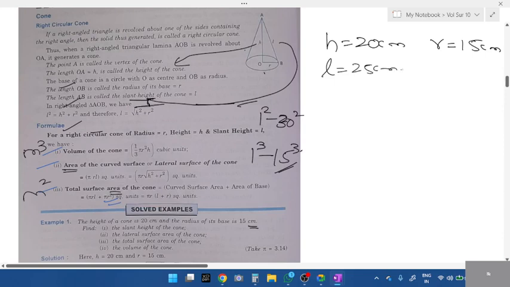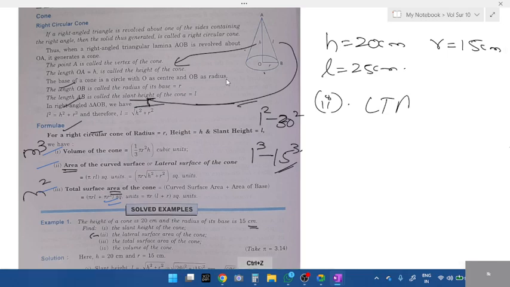25 centimeters. Tell me the next one, students. Lateral surface area. What do you mean by lateral? Lateral is also known as curved surface area, right? So what is the curved surface area formula? I'll write LSA, lateral surface area. What is the lateral surface area formula, students?